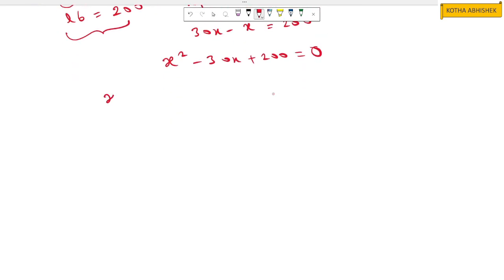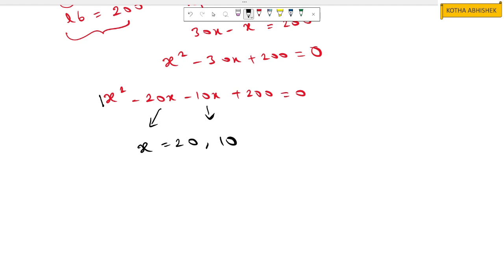So x square as it is, this minus 30x I am writing as minus 20x and minus 10x, plus 200 as it is, equals 0. In case the coefficient of x square is 1, then we can write the answers directly. This minus 20 will become plus 20, so the x value is 20. This minus 10 will become plus 10, so the x value is 10. So the x values are 20 and 10.